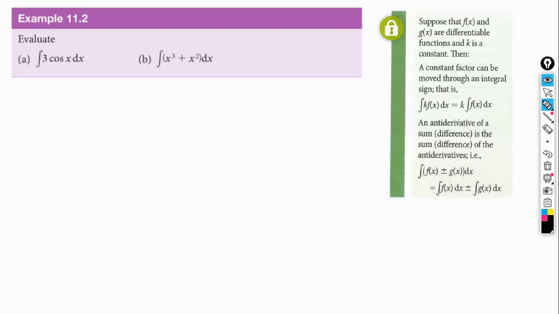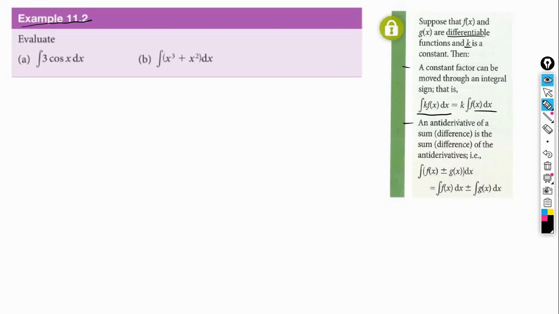So next we have example 11.12. But before we do that, let's look at a couple of rules for differentiation and integration. It says to the right here, suppose that f of x and g of x are differentiable functions and k is a constant. Then a constant factor can be moved through an integral sign. That is, if you have the integration of k times f of x dx, you can rewrite that as k times the integration of f of x.